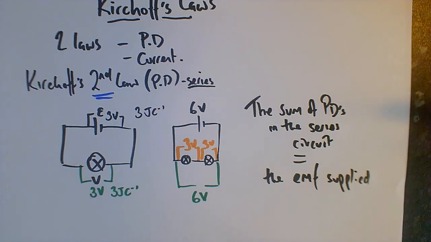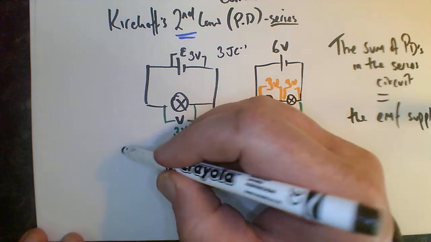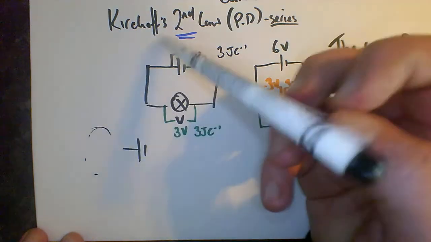So the sum of the PDs, so that means all the PDs, all the loads around the circuit, will equal the EMF supplied. What comes in goes out. It's pretty obvious in a way, but it's something that in a series circuit we can rely upon, that rule is happening. So let's just quickly think about a situation where something might be changeable, and I'm going to send you some questions to sort that out.